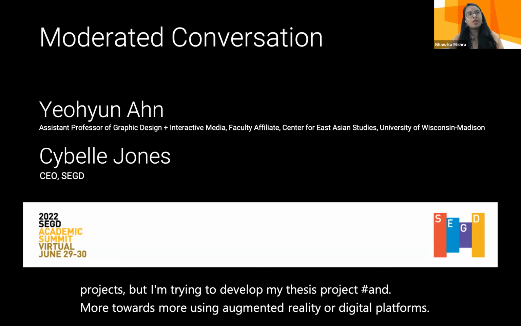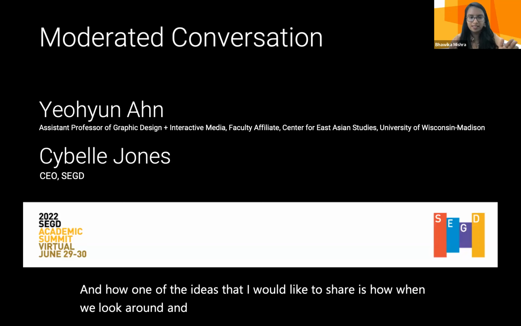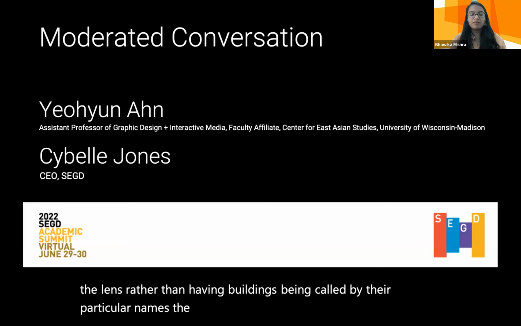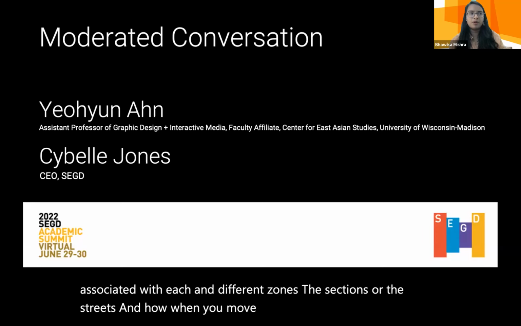One of the ideas that I would like to share is, when we look around, just changing the lens, rather than having buildings or streets be called by their particular names, how about having hashtags associated with each zone, section, or street, and how when you move around, certain hashtags pop up.